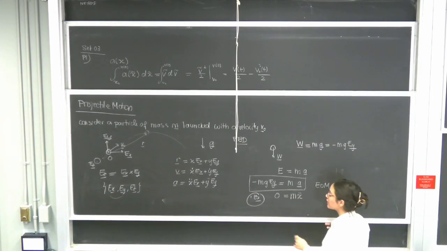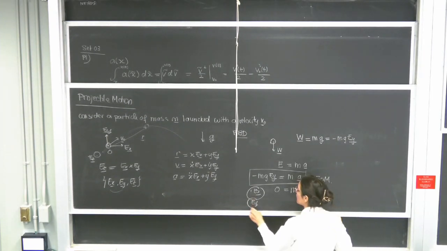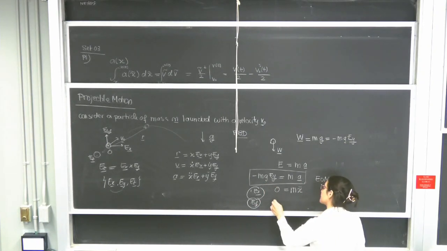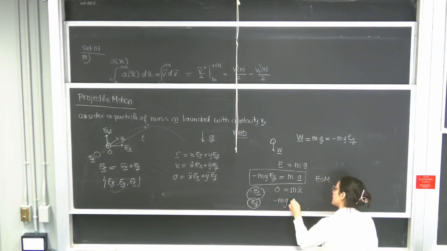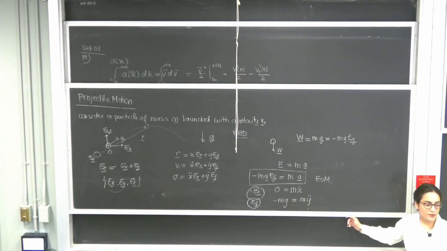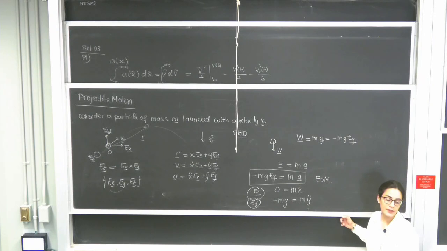And what about if I project along Ey? On this side, what will I get? Minus mg is equal to m y double dot. So that's 2 scalar equations, which you can integrate to solve for the motion, x of t and y of t. So these you can actually integrate by hand. Yes?